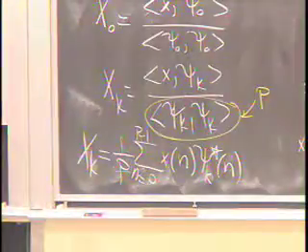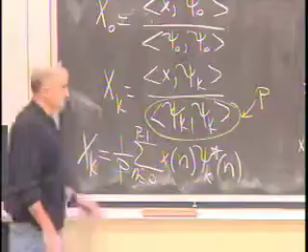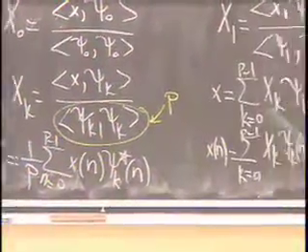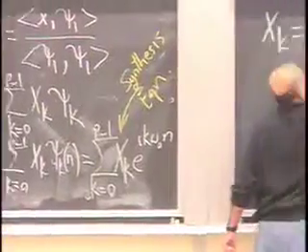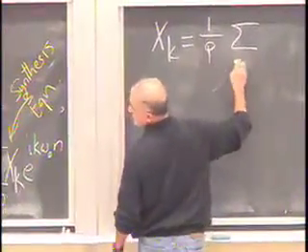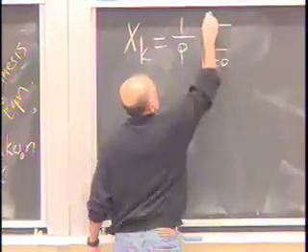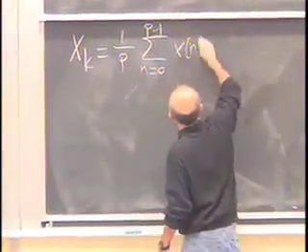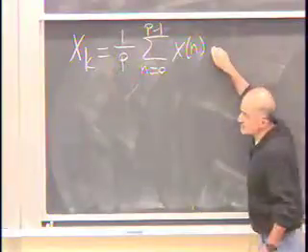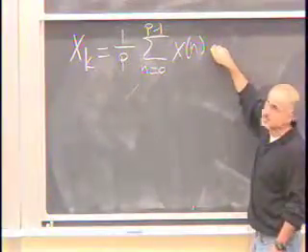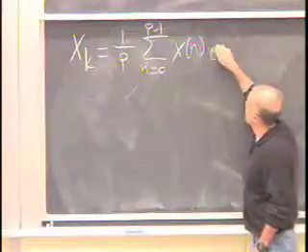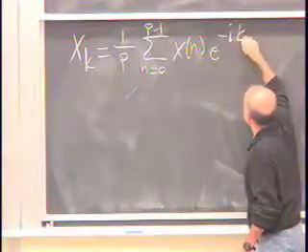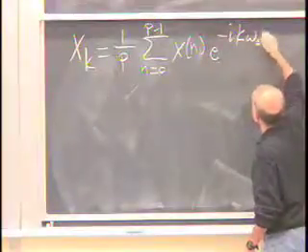That's what it is. And what does that translate to? xk is 1 over p, summation n equals 0 to p minus 1, x[n]. What is the complex conjugate of the kth function? e to the negative i k omega naught n.